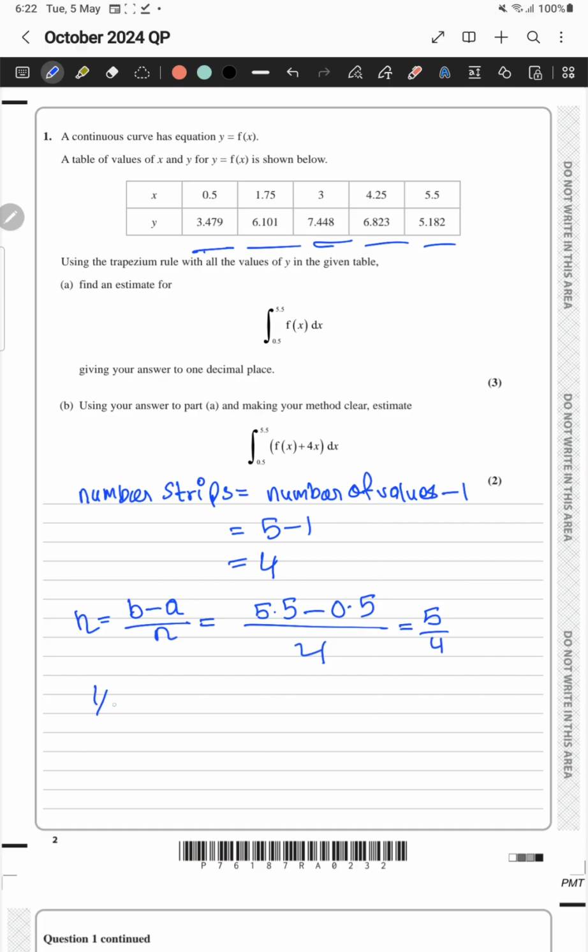And now the trapezium rule is going to be half times 5 over 4, the h value, times the first value added to the last value, plus 2 times these middle values: 6.101 plus 7.448 plus 6.823.